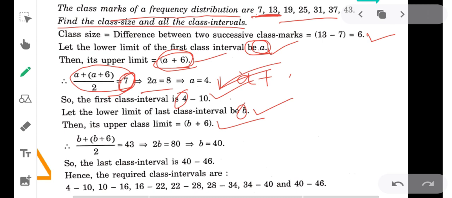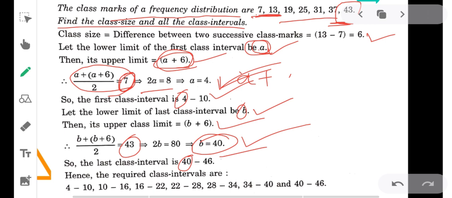So (b plus b plus 6) by 2 equals 43, because 43 is the last class mark. So here we get b equal to 40. So the last class interval will be b, that is 40, and b plus 6, that is 46.